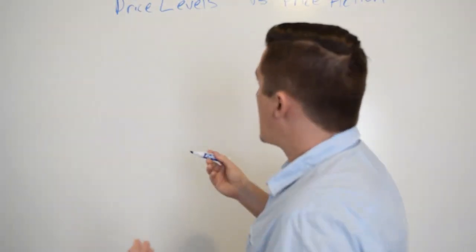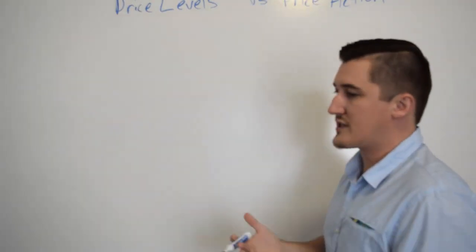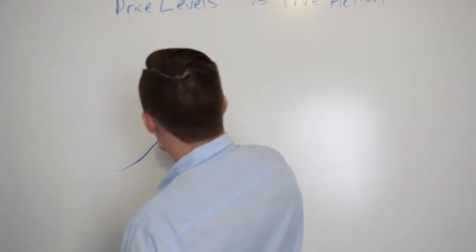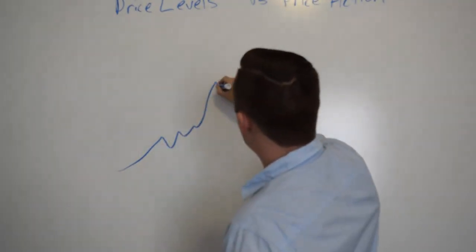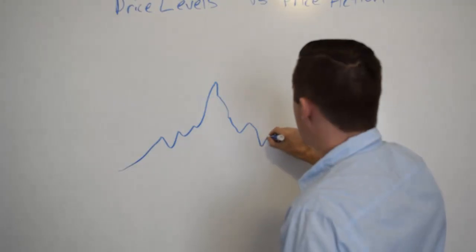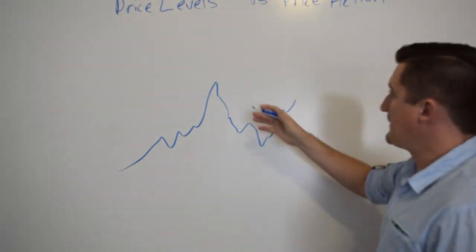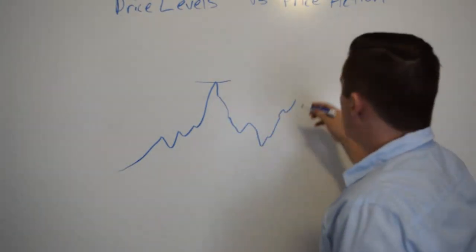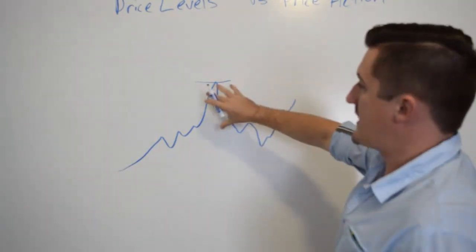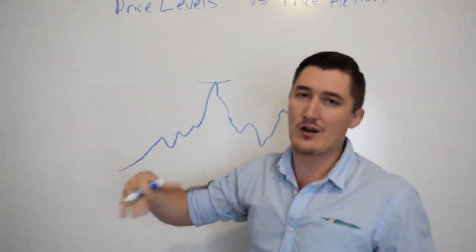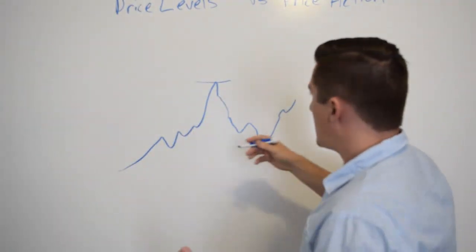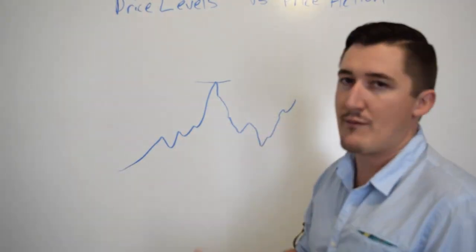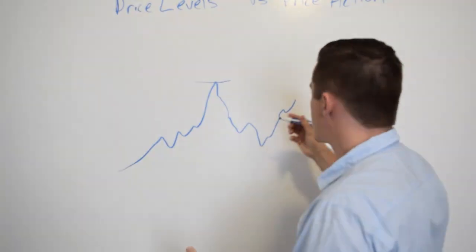A lot of people who say they're trading price action would be looking at, let's say, the market has moved up, made a high, and is coming back down, approaching this resistance level. Let's say this is a 5-minute chart, since the webinar and training is typically on the 5-minute chart.